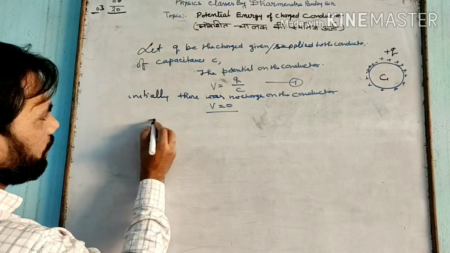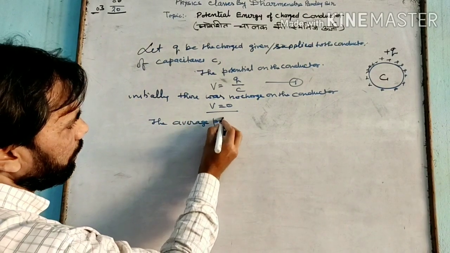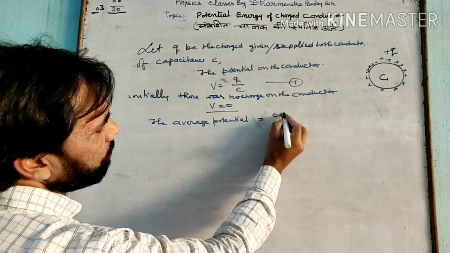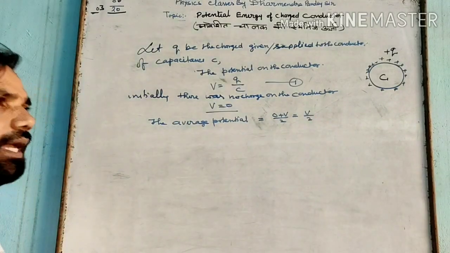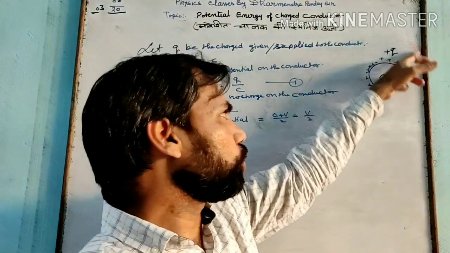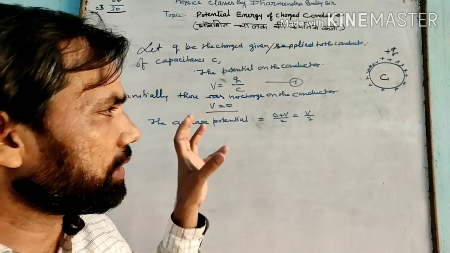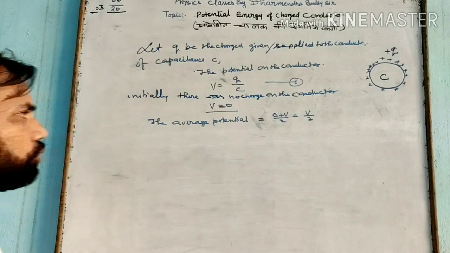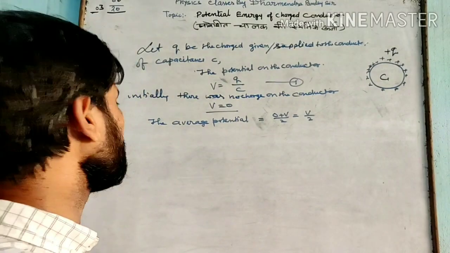Calculate the average potential, which is equal to 0 plus V by 2, that is V by 2. ध्यान रहे ये V पोटेंशियल जब चार्ज Q इस कंडक्टर या किसी कंडक्टर पर होगा तब का है, और जब कंडक्टर चार्ज नहीं था उस समय इस पर पोटेंशियल कितना था? 0 था. डेफिनेटली. सो वी विल कैलकुलेट द एवरेज पोटेंशियल फ्रॉम 0 to Q charge तक.